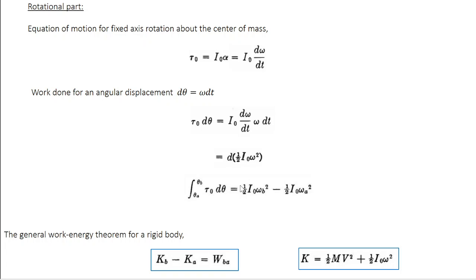Applying the limits, I get half I naught omega B square minus half I naught omega A square. So the first one is the rotational kinetic energy at the final position, the second one is the rotational kinetic energy at the initial position.